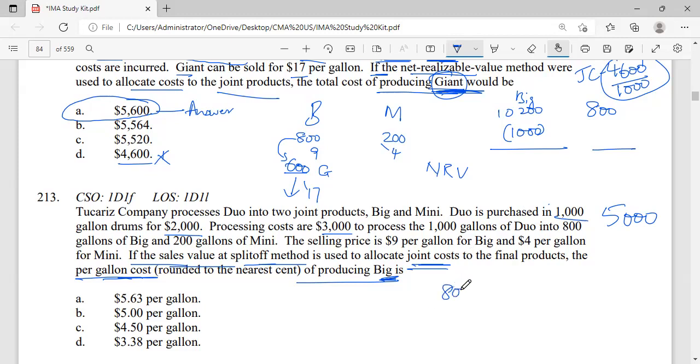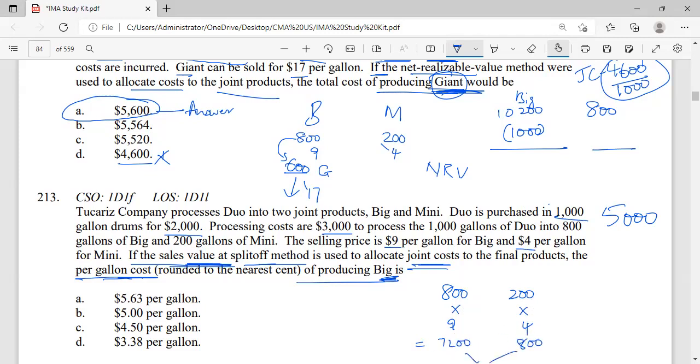And the selling price is 9 and 4. And our allocation method is going to be the sales at split off point. So if I have to sell this 800 into 9 and this 200 into 4, 800 into 9 would be 7,200 and 200 into 4 is 800.